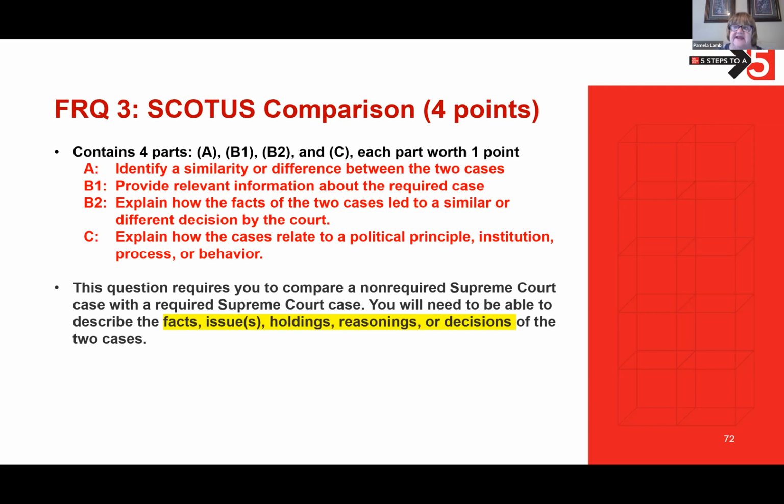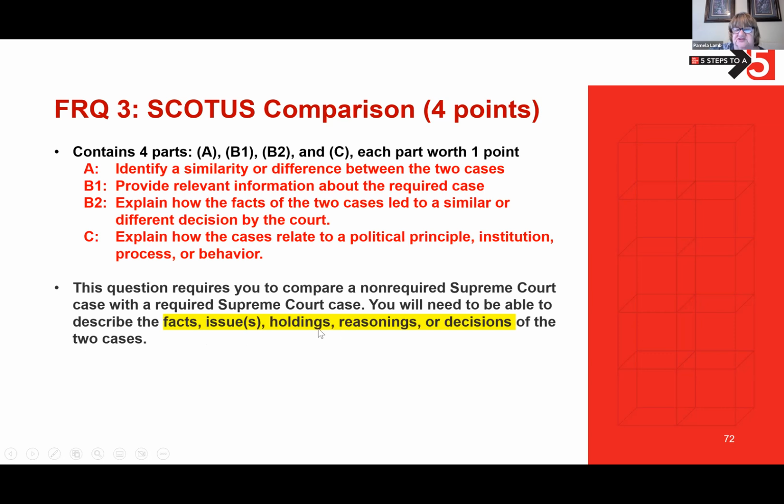So what led to that similar decision, or what led to that different decision? And the different decision in Gideon was actually based upon one of the justices' dissents in the original case, in the Betts case. And then explain how the cases relate to a political principle, institution, process, or behavior.